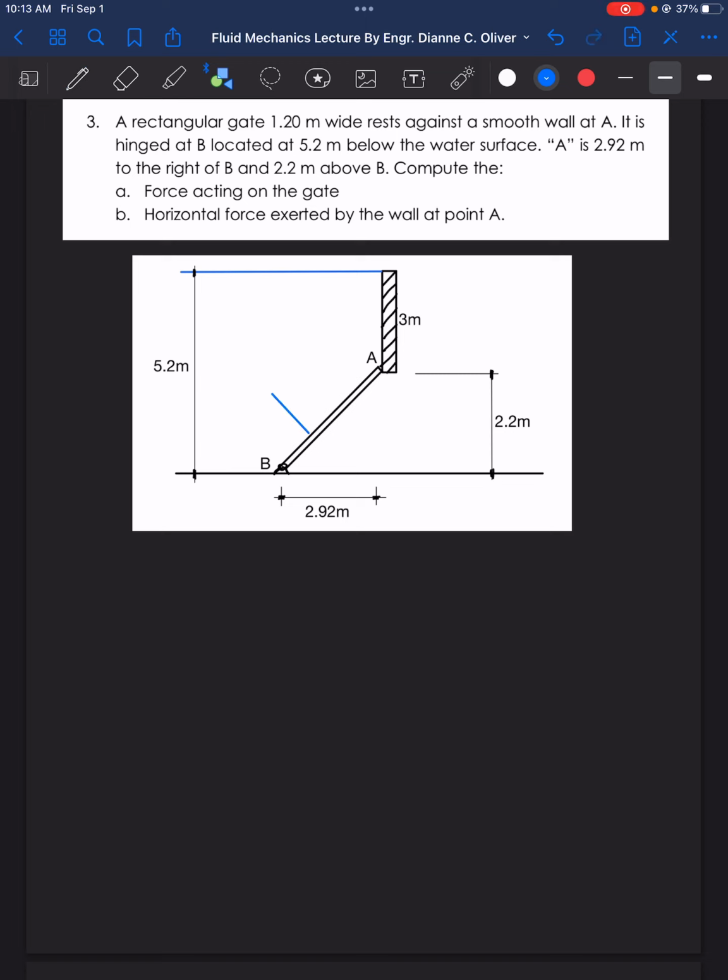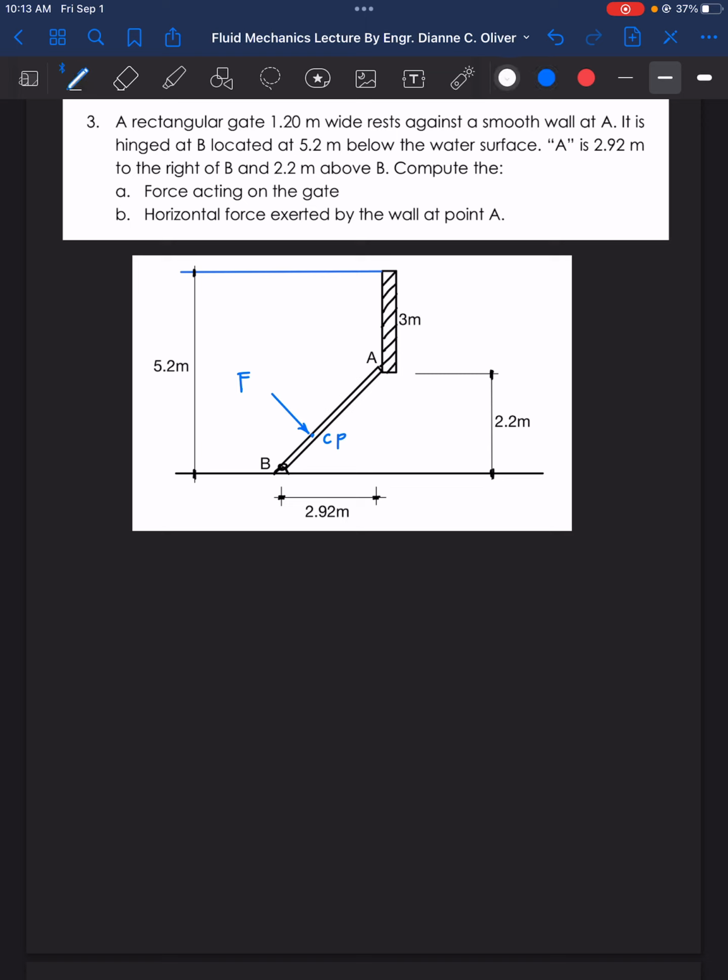So this is our hydrostatic force, F. It is 90 degrees with the gate, the inclined gate. And the location of this force is the center of pressure. Okay? So what's being asked? The force.